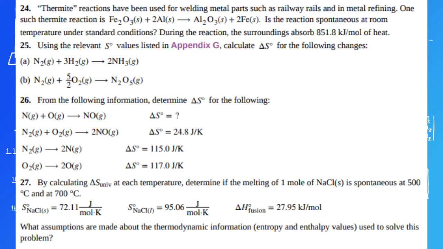I mean, predicting spontaneity is based on Gibbs free energy and not just entropy. So I'm not sure why they're asking this so early on in the problems, because we haven't covered Gibbs free energy yet.